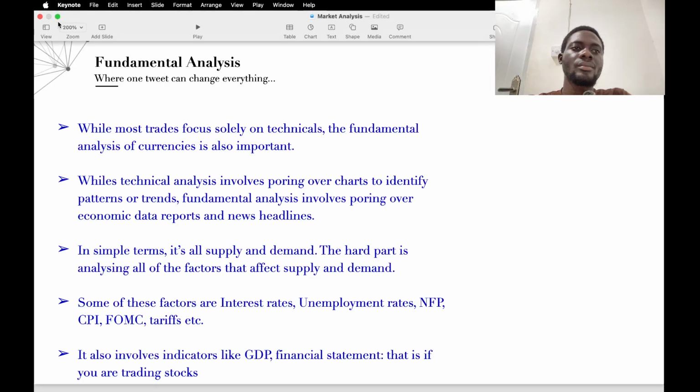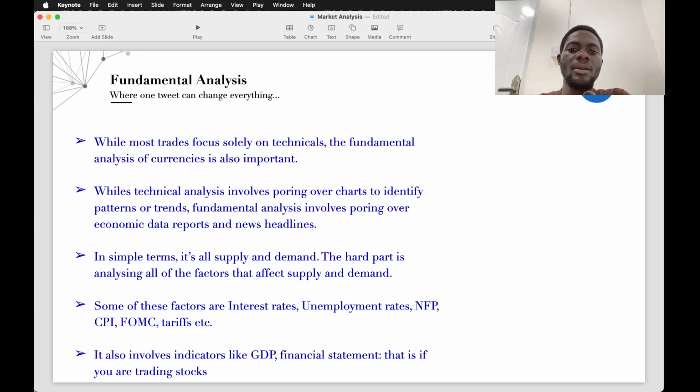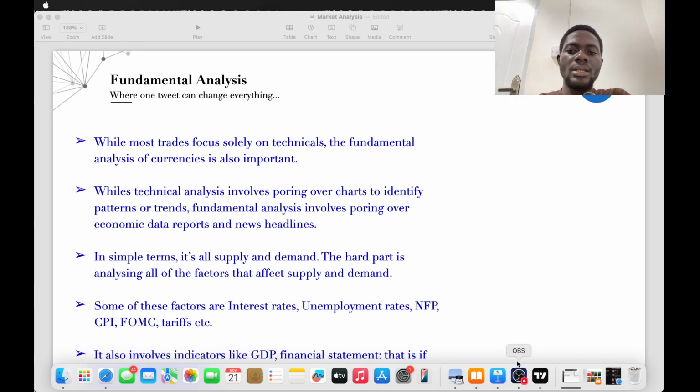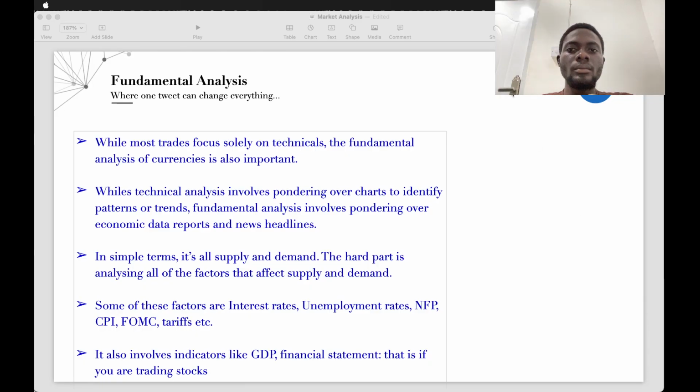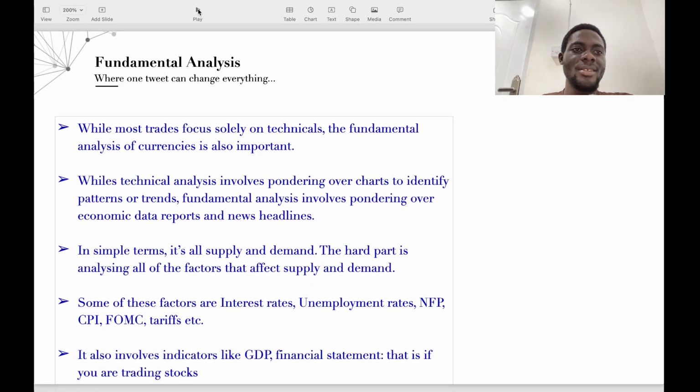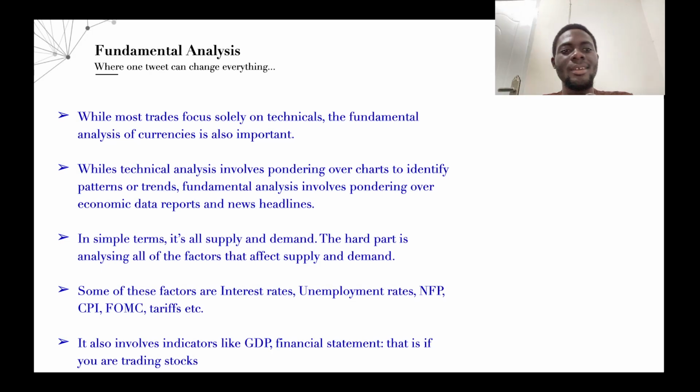So you look at economic data reports in the fundamental analysis, or news headlines. So I just changed it. This is amazing. Wow. I just changed it. So whilst technical analysis involves pondering over charts to identify patterns or trends, fundamental analysis involves pondering over economic data reports and news headlines.